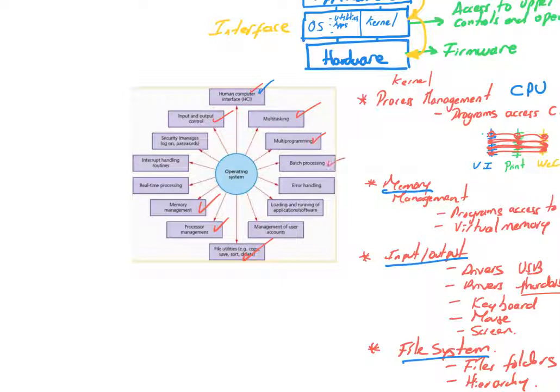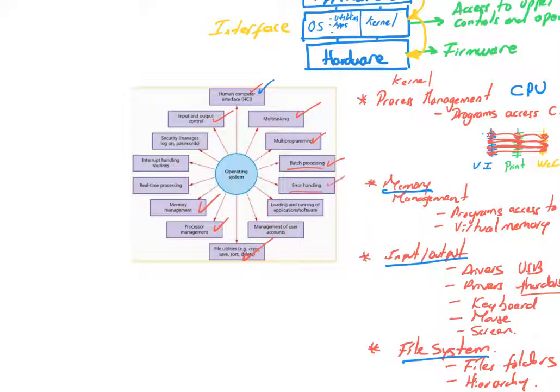Batch processing should be part of the kernel, which is when you want the computer to run tasks at a certain time, for example, I want to create a backup to the cloud every day at 12 p.m. That's called batch processing, so that would be part of the kernel.